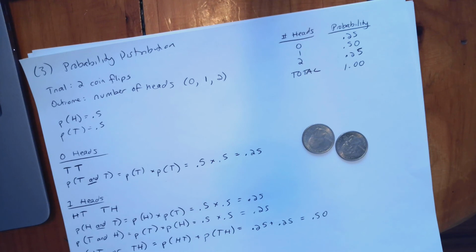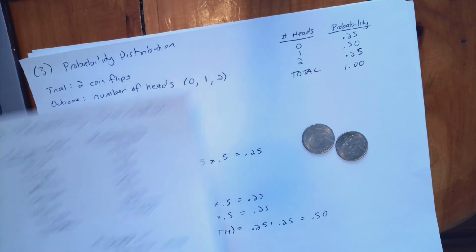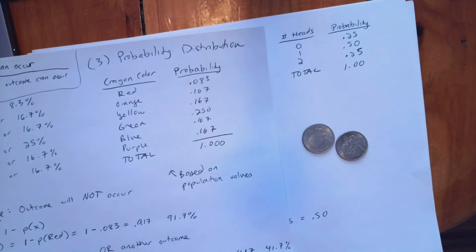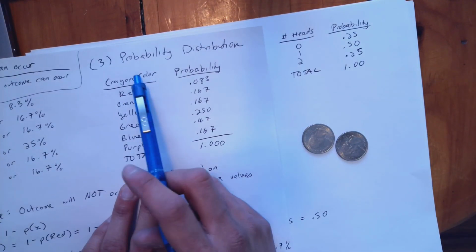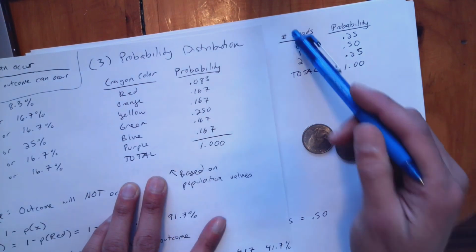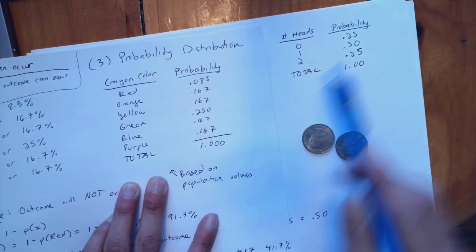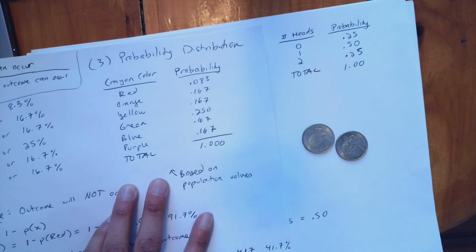So that is an example of a probability distribution that's based on theory and logic. And what you should notice here is that it has the same format as our probability distribution based on what we knew about the population, where we actually counted stuff up and divided and calculated. So we have our possible outcomes in the first column, and we have our probabilities in the second column. If you add up all the probabilities, they should add to 1.